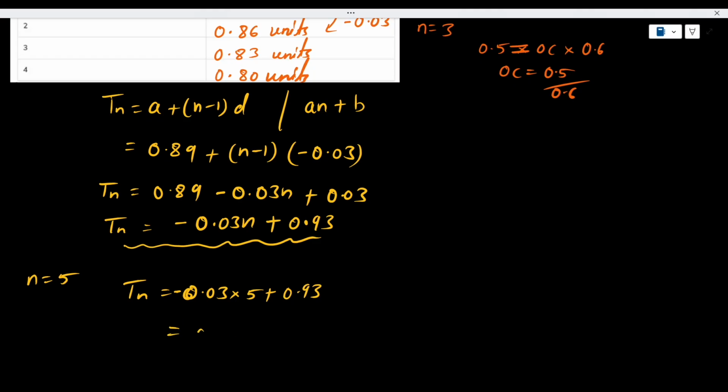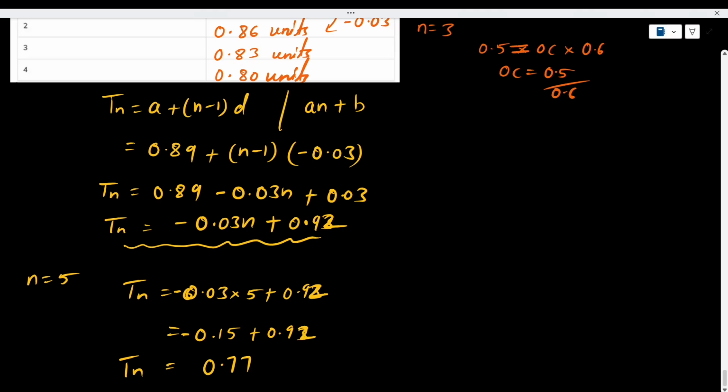If I do this, 0.15, minus 0.15 plus 0.92. It is 92, not 93, because if you add it here, it is going to be 92, not 93. And this is negative, right? So 0.92 minus 0.15, if I do it, I'll be getting 0.77 as the nth term value.